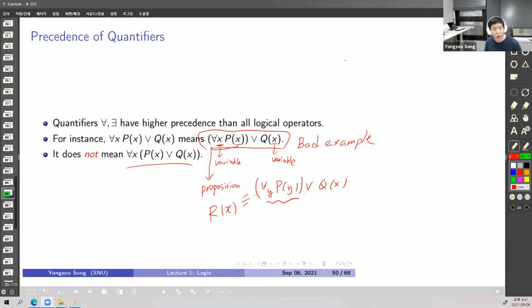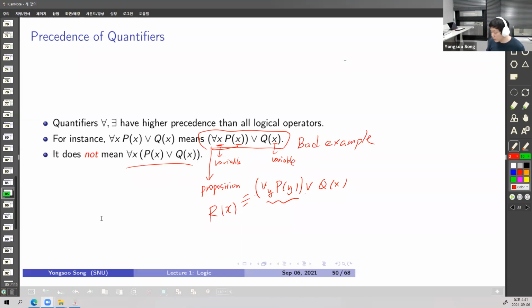Sorry, I think I missed one question. So this is not a proposition, but you should put a universal or existential quantifier in front of this.